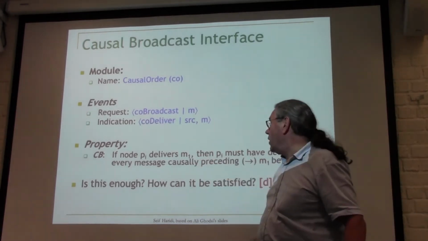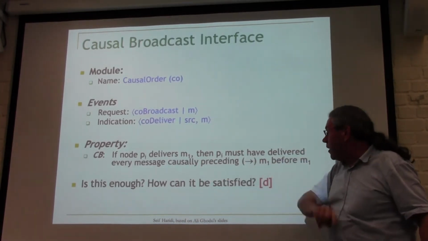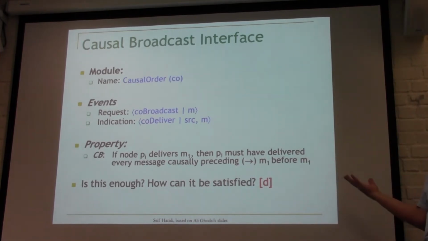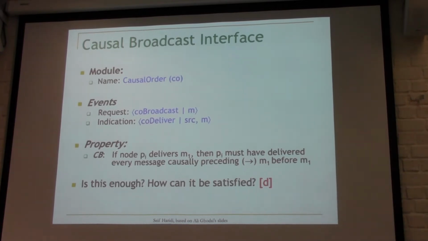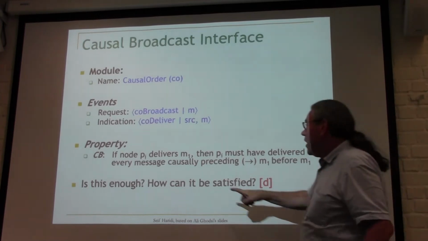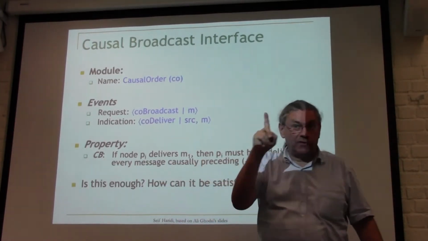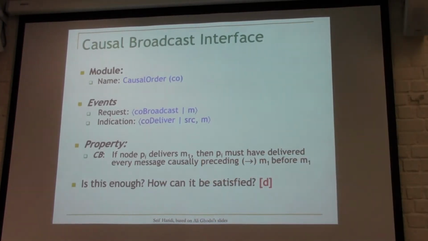You can deliver M1 without delivering a preceding message. That's it. It's broken. So you can break it in finite time. So it's a safety property. So this is not enough. So you see, you have to be able to play around with properties. If-then, very important. Safety, liveness, very important.